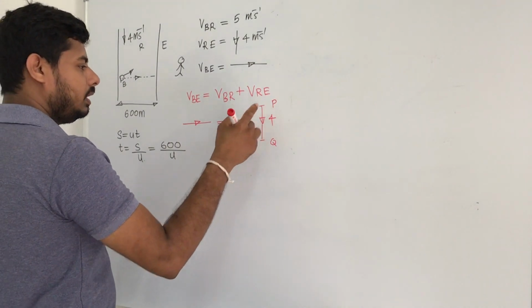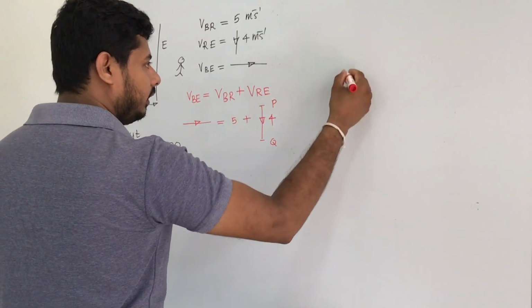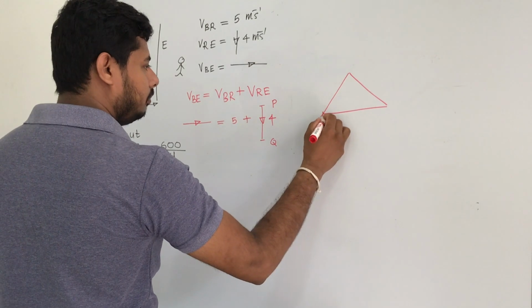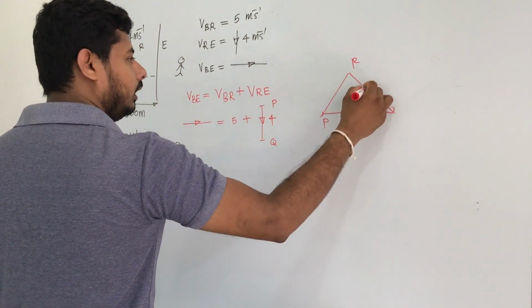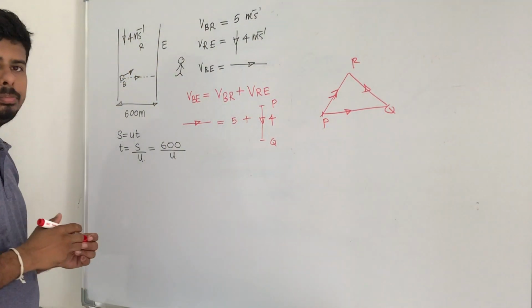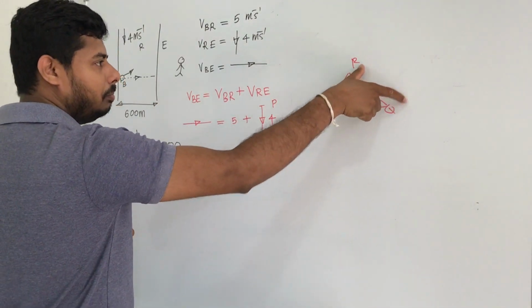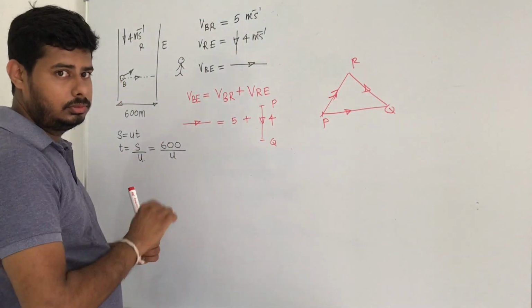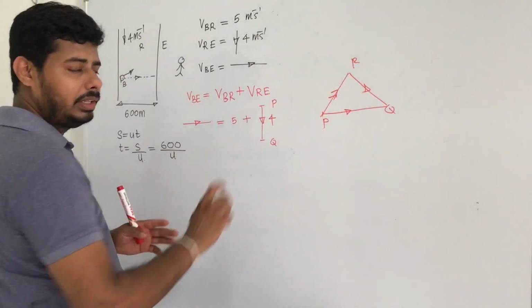If this is P and this is Q, consider a triangle with three vertices P, Q, R. If two vectors are represented by two sides of a triangle, PQ and QR, connected end to end, the resultant is given by the PR vector.